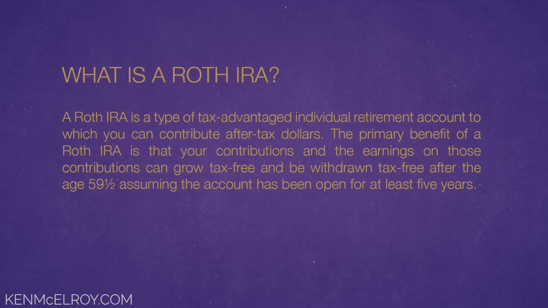However, the benefit that you get from that is that later when you withdraw those funds, because the original contribution was not tax deductible, after it's grown over time with the earnings, and you haven't been taxed on those earnings in the retirement plan, then when you take those out in retirement, those are not taxable distributions at that point.